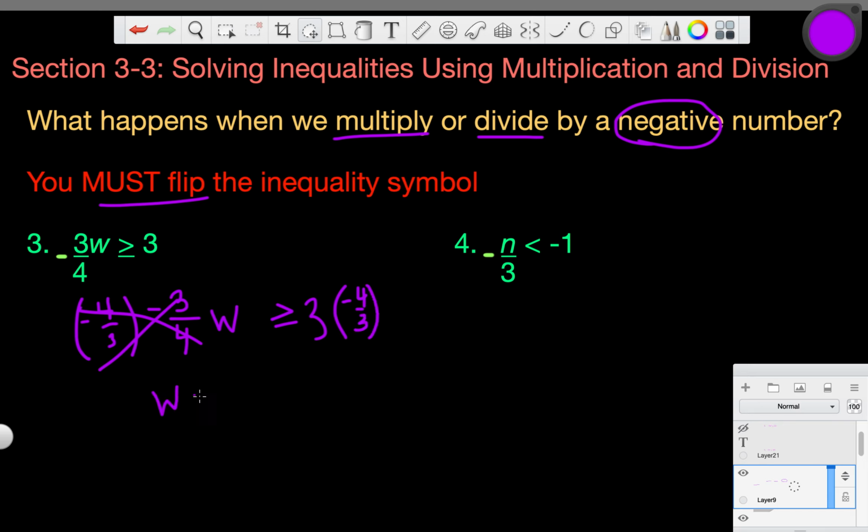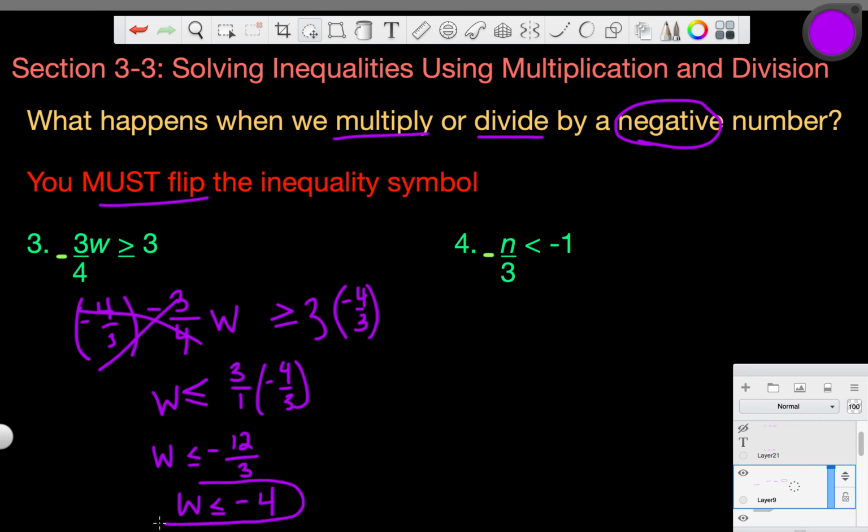So I have that w is less than or equal to, notice I flipped this sign, 3 over 1 times -4 over 3. So if I evaluate this, I get w is less than -4 times 3 is 12 over 1 times 3, which is 3. So I get that w is less than or equal to -4.